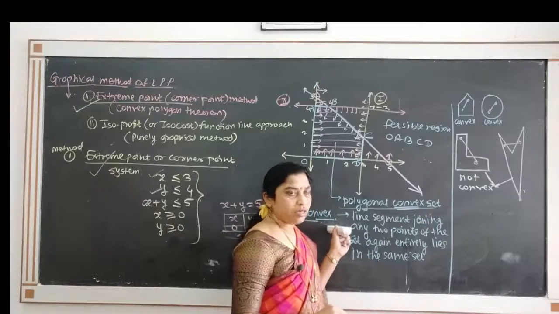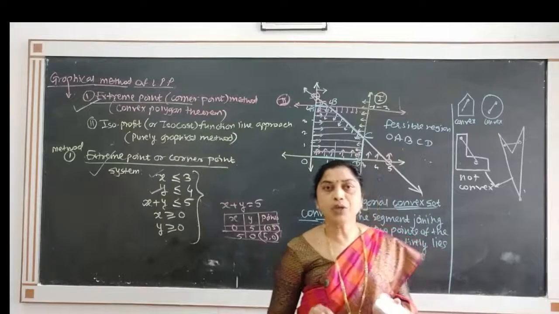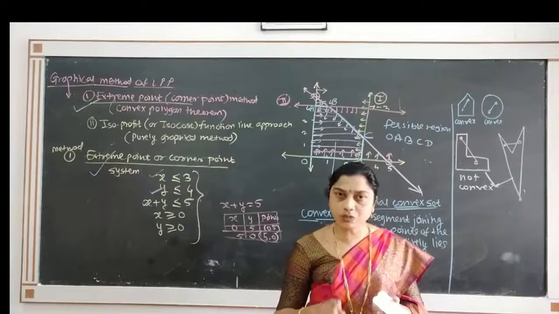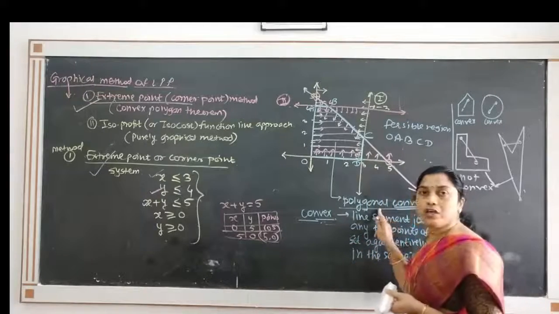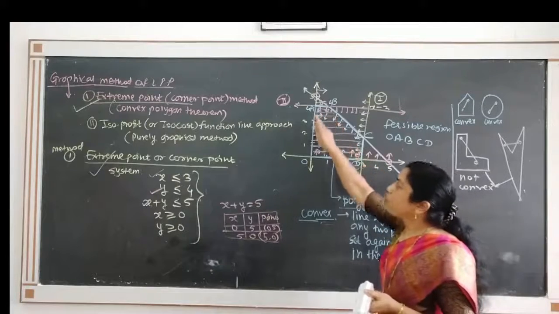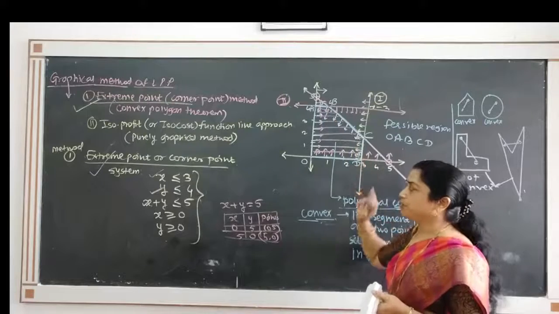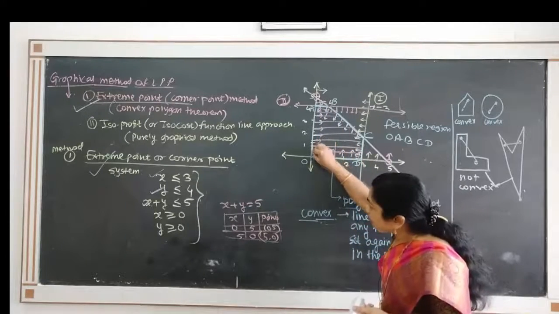What we say is that for a system of linear equations in two variables, if the solution exists, it always constitutes a polygonal convex set. So this is the polygonal convex set O, A, B, C, D. See the boundaries.